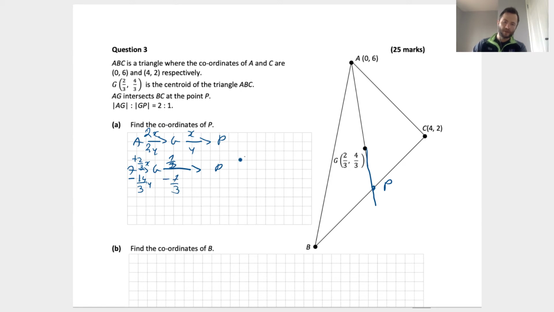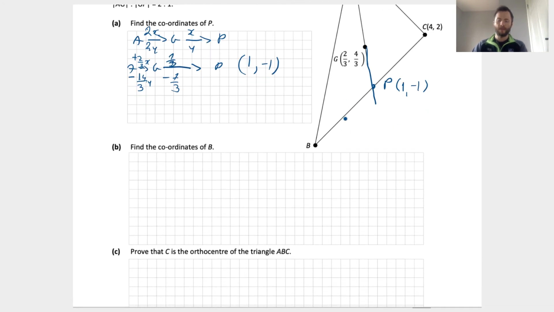So then the coordinates of P will be 2/3 plus 1/3, which is equal to 1, and 4/3 minus 7/3, which is equal to minus 3/3, which is equal to minus 1. That's the coordinates of P, (1, -1).